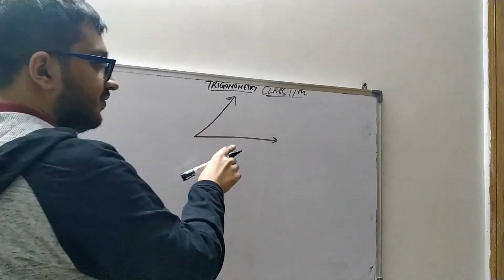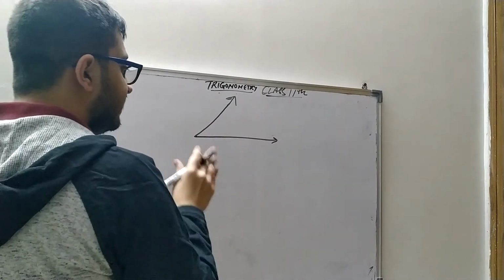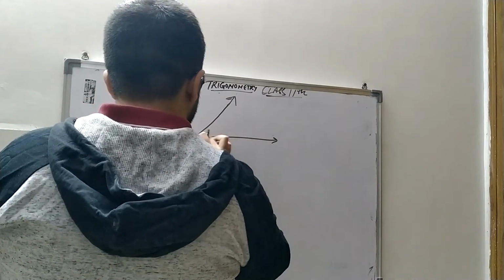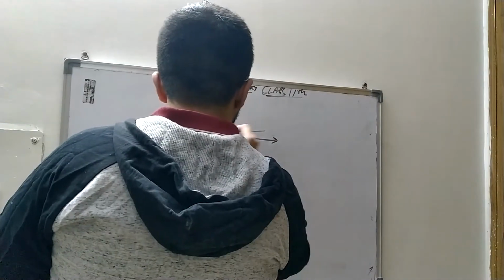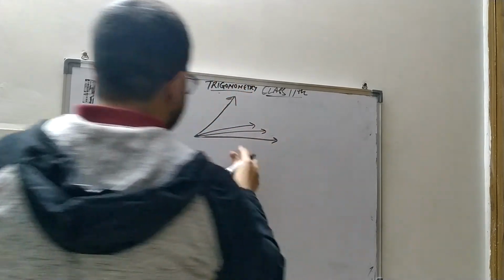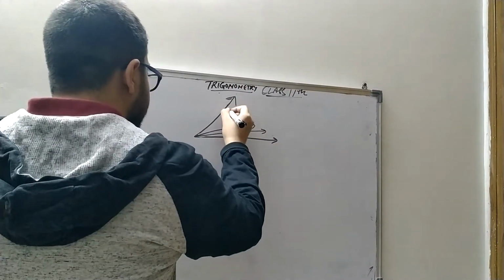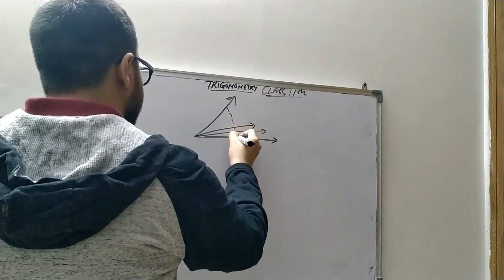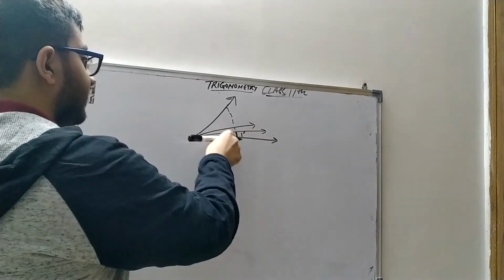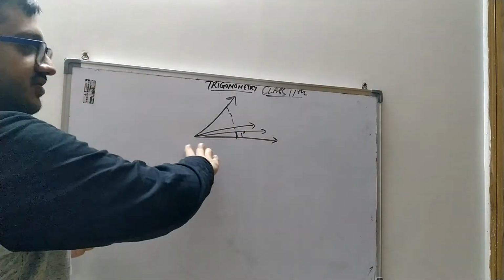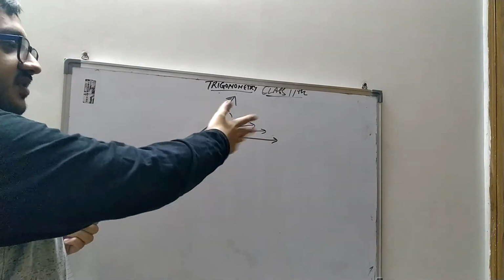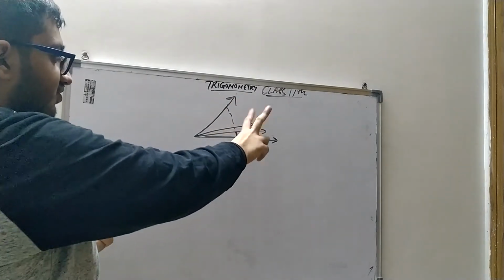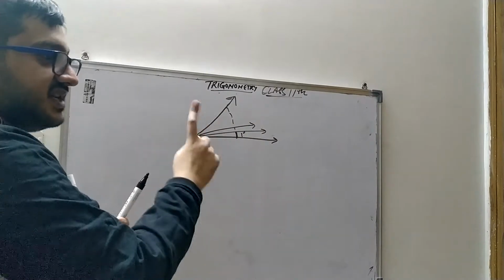If we want to measure 1 degree, we divide it into equal parts, and it is categorized in two ways: minutes and seconds.